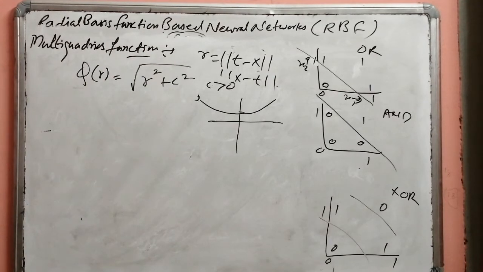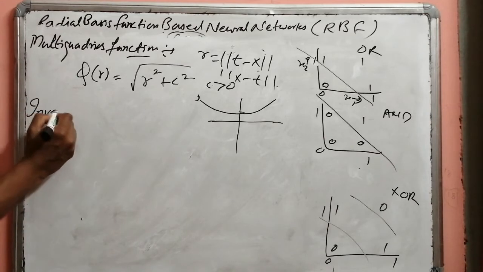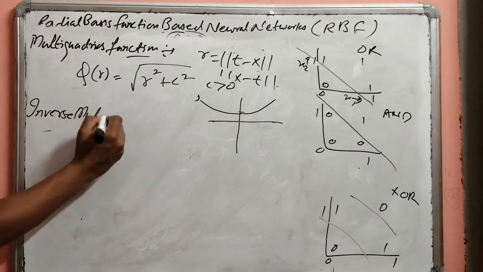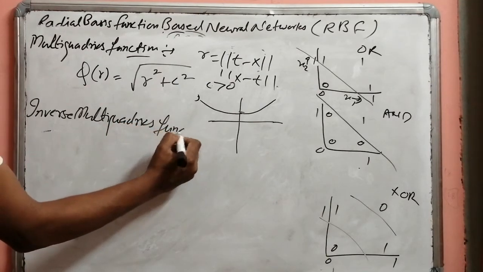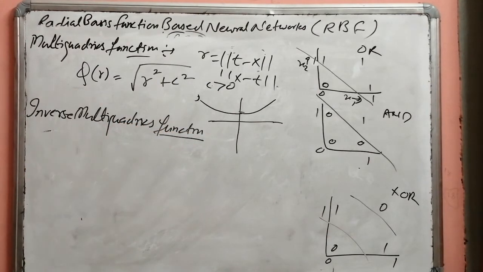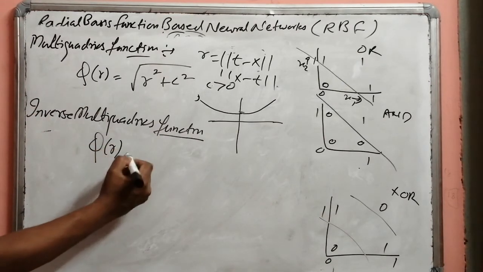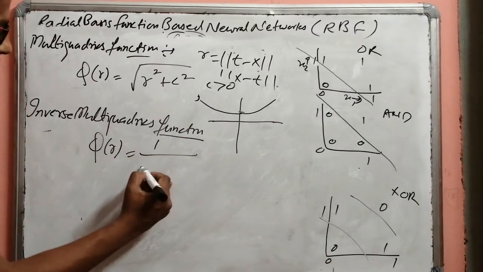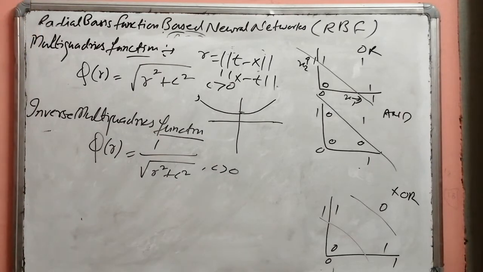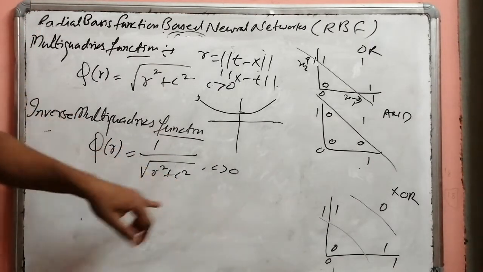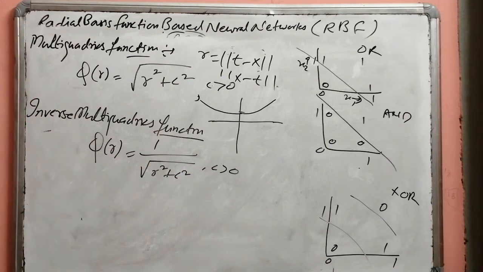The second function is your inverse multi-quadrics function. Its equation can be represented just by taking inverse of that square root of r square plus c square, where c is greater than 0. Now if you try to observe its nature, if r is 0, it will be 1 upon c.